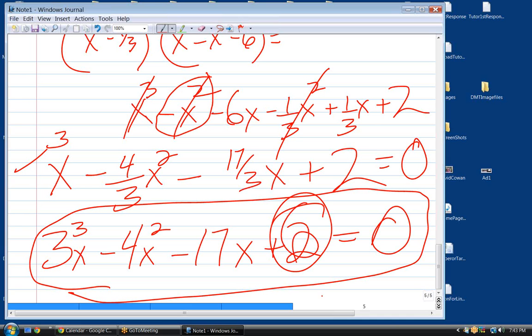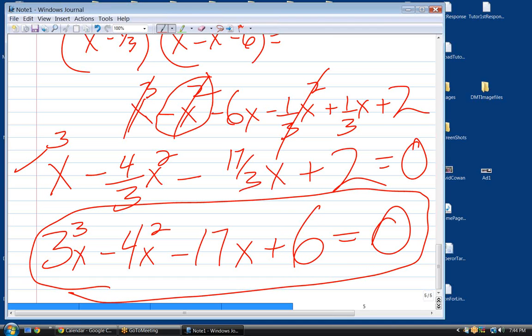That's supposed to be a 6. Excuse me. In other words, I have to multiply every single term by 3 to come up with that. Okay, so either of those two answers is correct if they didn't put any other conditions on what the polynomial had to look like.